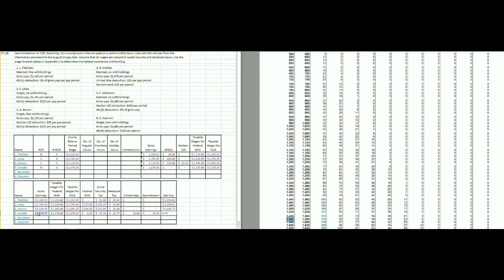Kimball's net pay will be gross earnings less federal, less Social Security, less Medicare, less United Way, less garnishments, and we have no 401k or Section 125, for a total of $1,343.90.